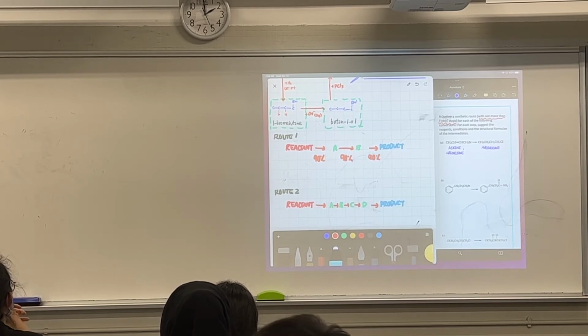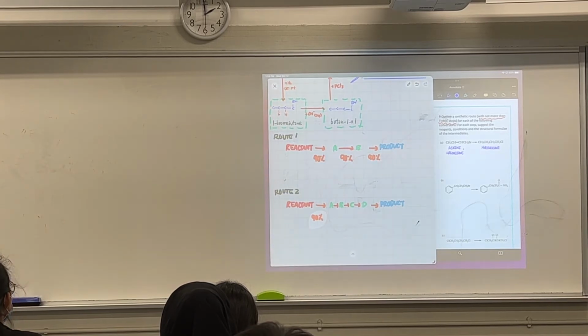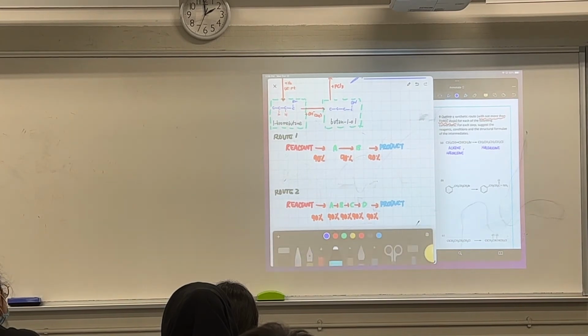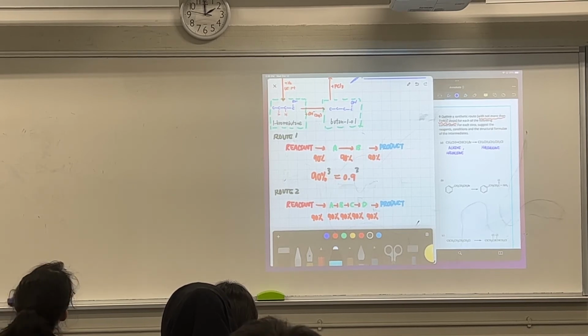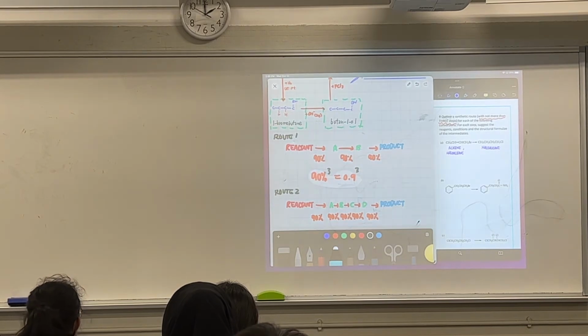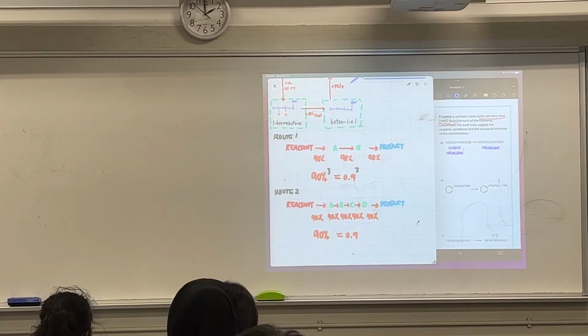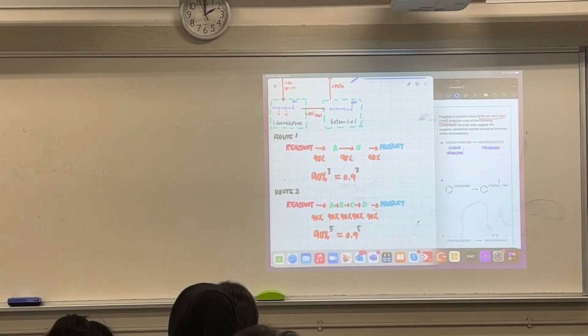When you do 90% 3 times, compared to when you do 90% 5 times, how much product do you think you will get at the end? For the first one, we can do 90% to the power of 3 because it is done 3 times. 90% means 0.9. If you type this on the calculator, compared to 90% to the power of 5, what is the answer? Let's find out.